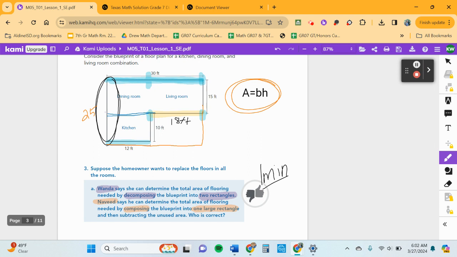Which do you think would be more efficient? Do you think if I were to break this shape down into more than two squares would be more efficient? So for example, if I were to break it like this, where now I've got 1, 2, 3 rectangles, or do you think it's more efficient when I broke it down into 2?